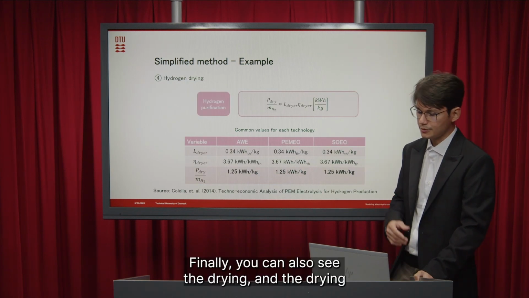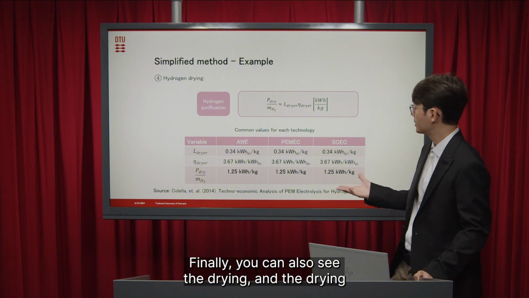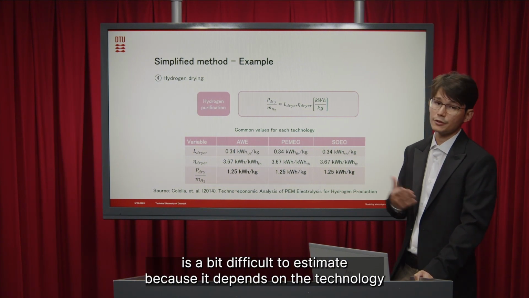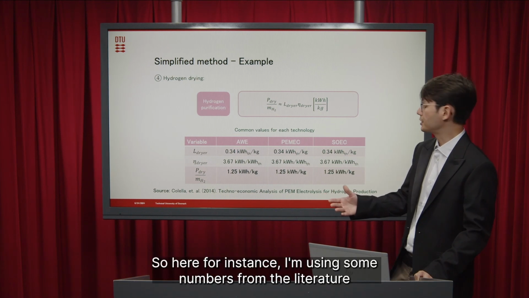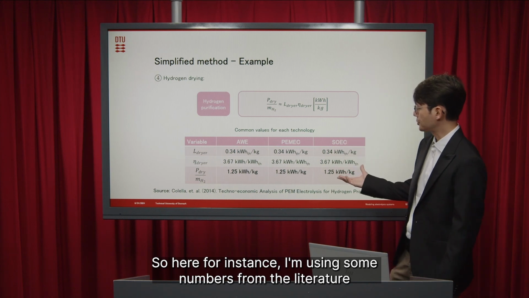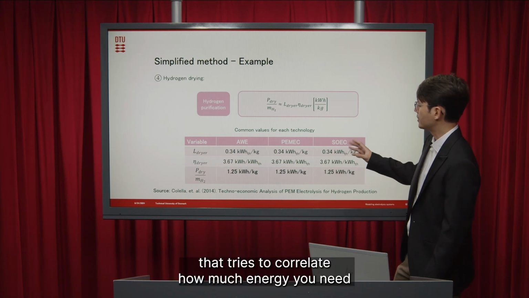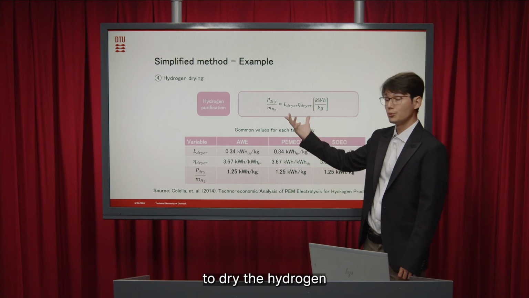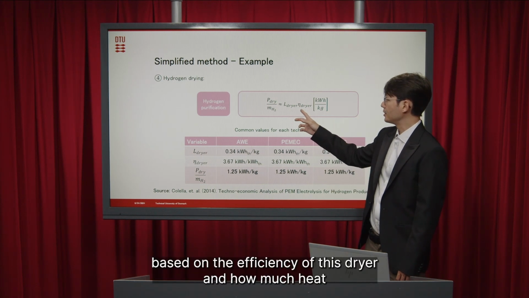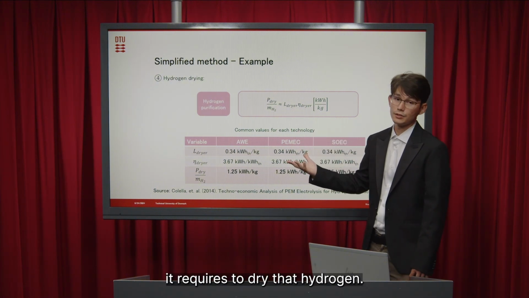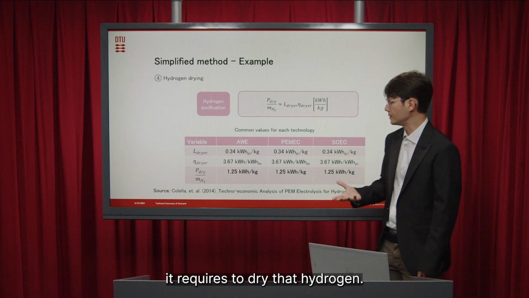Finally, you can also see the drying. And the drying is a bit difficult to estimate because it depends on the technology that you choose. So here, for instance, I'm using some numbers from the literature that try to correlate how much energy you need to dry the hydrogen based on the efficiency of this dryer and how much heat it requires to dry that hydrogen.